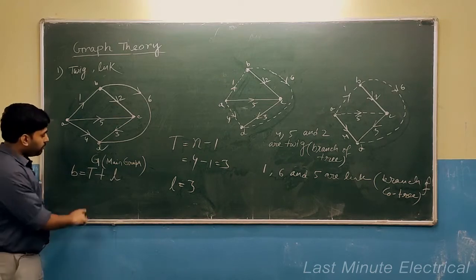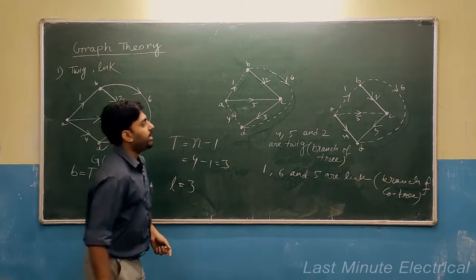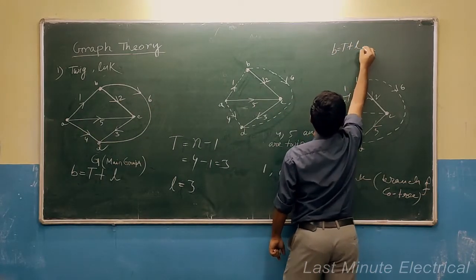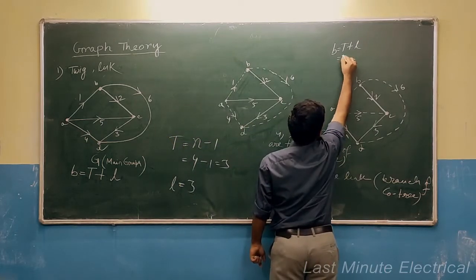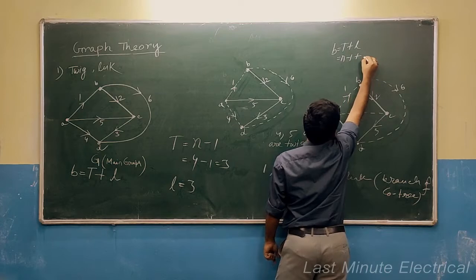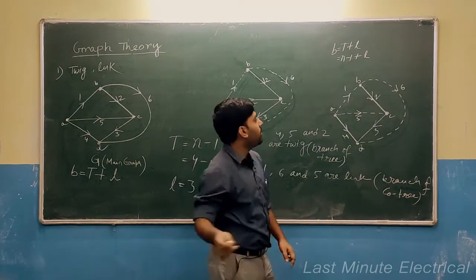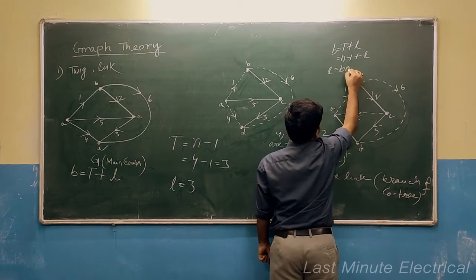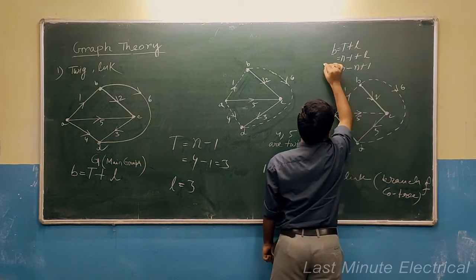Okay. So B is equal to T plus L. I am writing this again here. So B is equal to T plus L. Okay. So T is equal to what? n minus 1 plus L, where n is the number of nodes present in the given graph. So L is equal to B minus n plus 1.